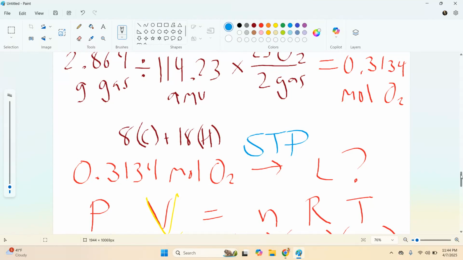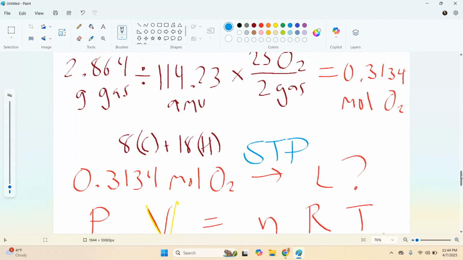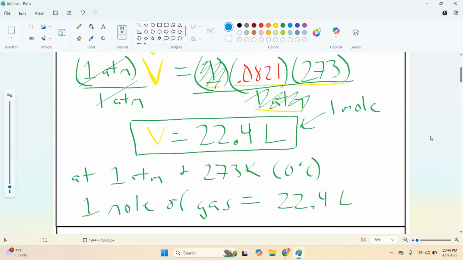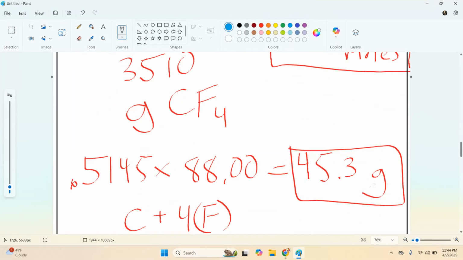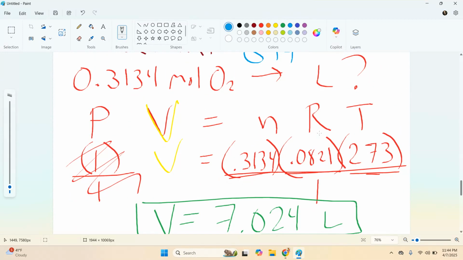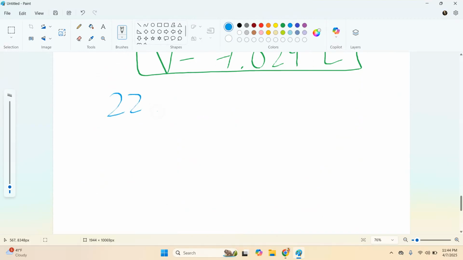Well, we've already done a problem with STP all the way up at the top, and what we learned was this: under standard temperature and pressure, 1 mole of gas takes up 22.4 liters. So we can use that conversion to make our job easier.